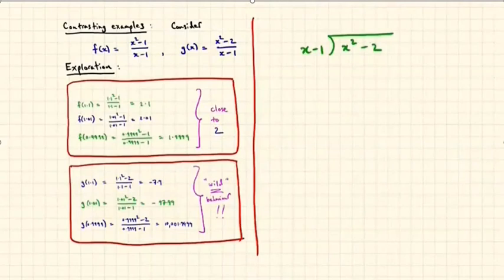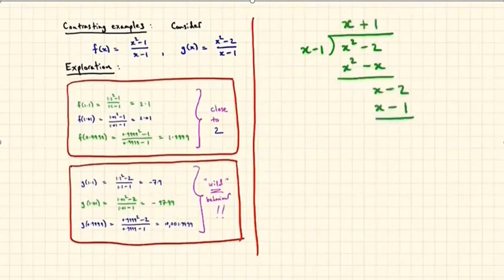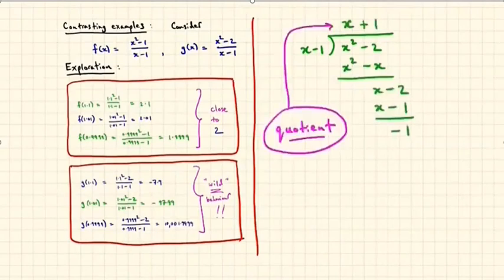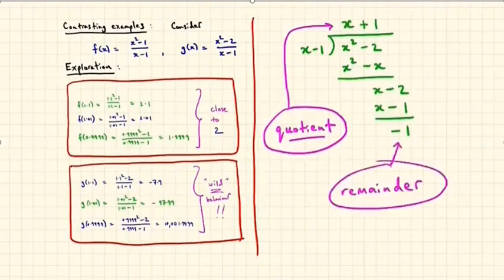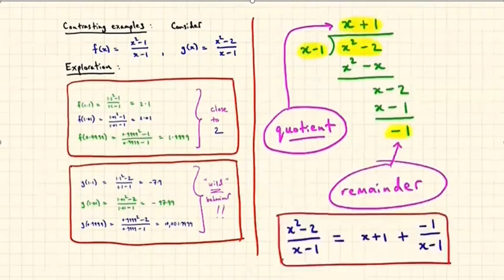In a few steps, we have the quotient of x plus 1 and a remainder of minus 1. Hence, the fraction g(x) can be rewritten as the quotient x plus 1 plus the remainder, minus 1, divided by x minus 1.